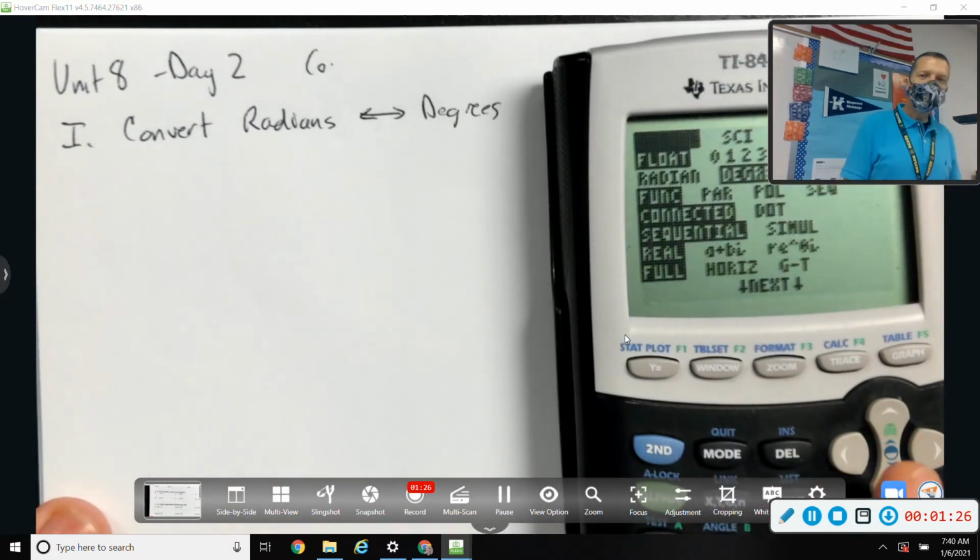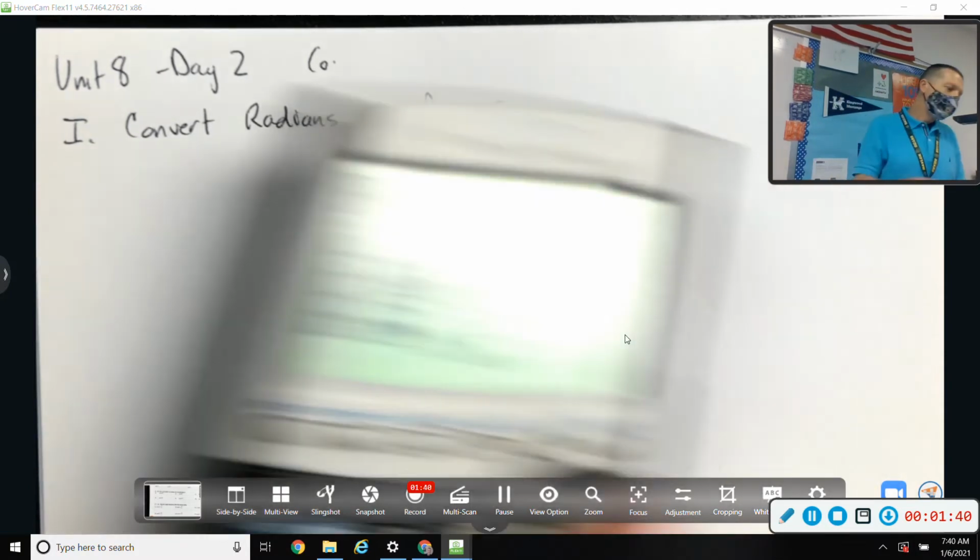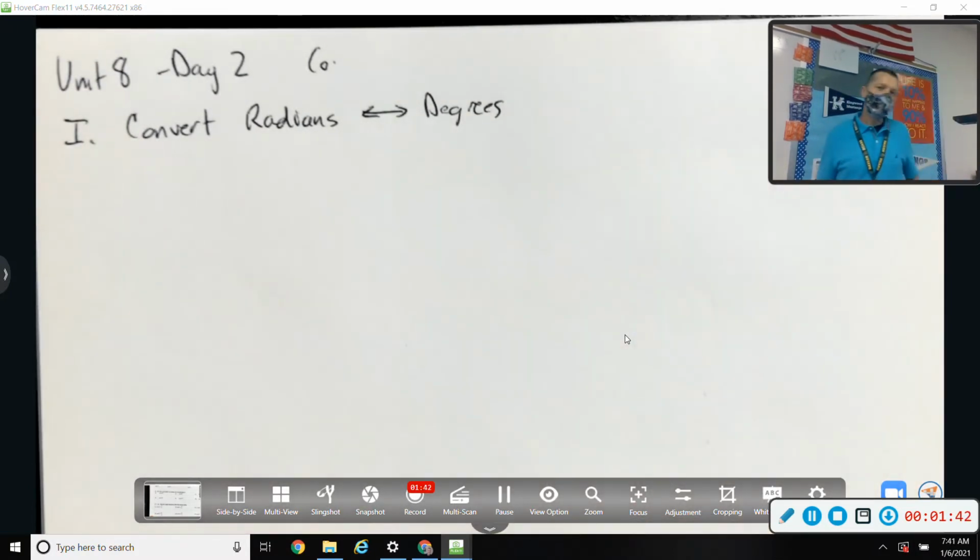You've seen this before because we had to be in the right mode yesterday, radians versus degrees. And most students don't ever really understand what the difference is. They just make sure they're in the right mode in the calculator and go with that and don't worry about understanding it. Hopefully, we can fix that today and you'll understand why there's 2 things in the calculator, what the difference is, and how to go back and forth between them.